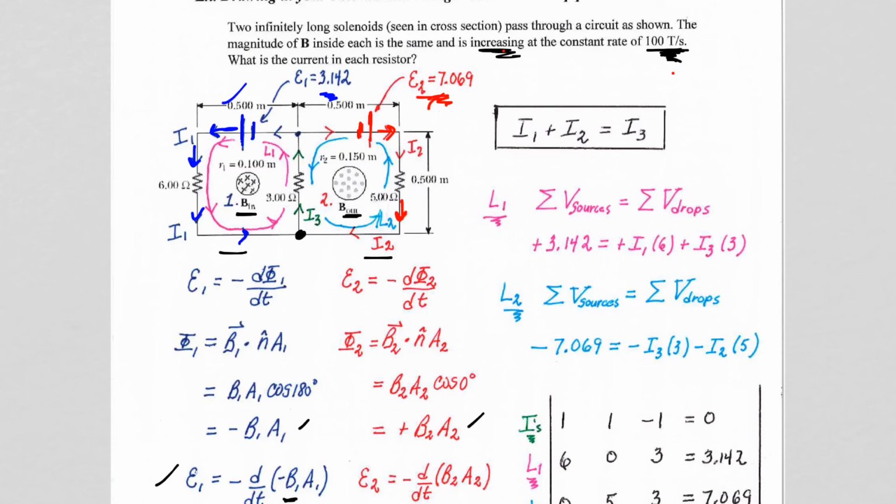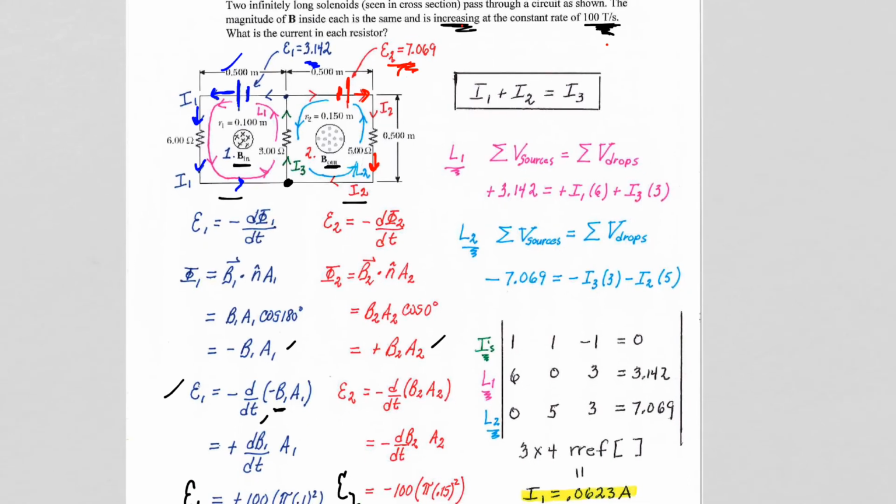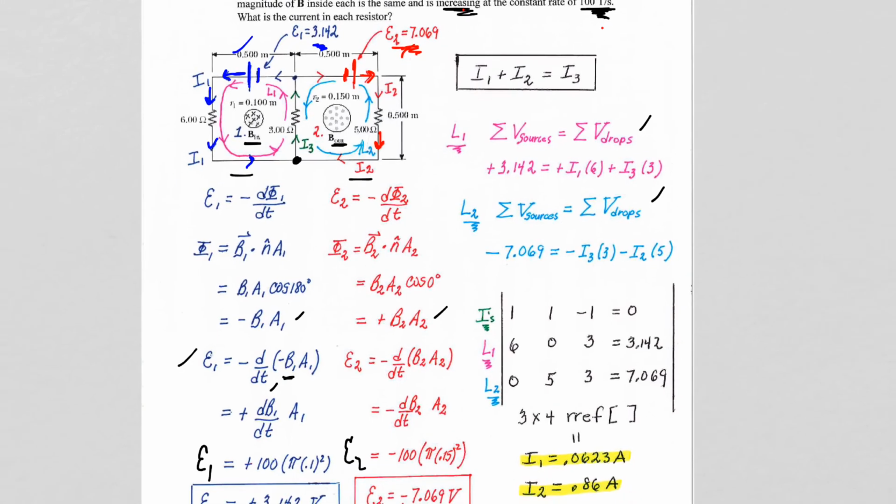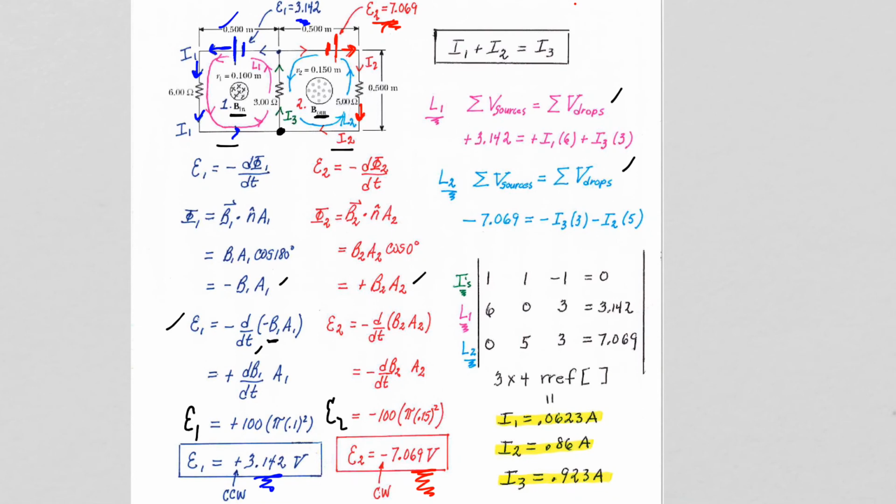I used counterclockwise loops, L1 and L2, to get my sum of the voltage sources equals sum of the voltage drops for L1 and L2, following our Kirchhoff voltage rules that we've always followed. So please make sure you go back and review your Kirchhoff voltage loops to understand why the values are the way they are.